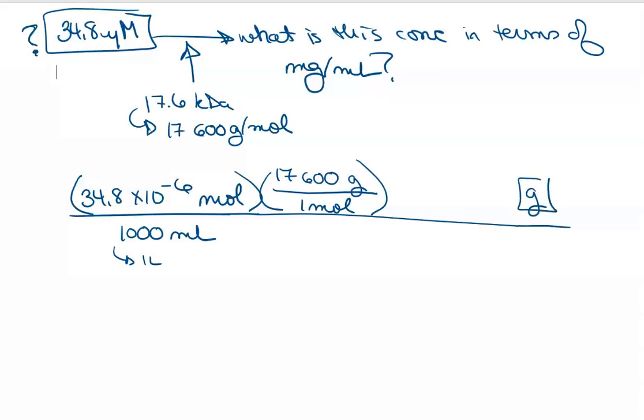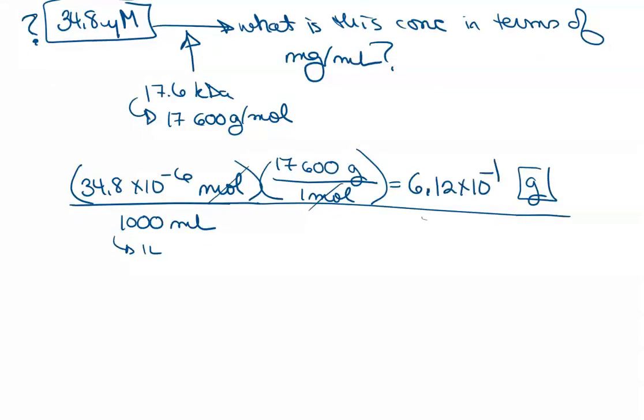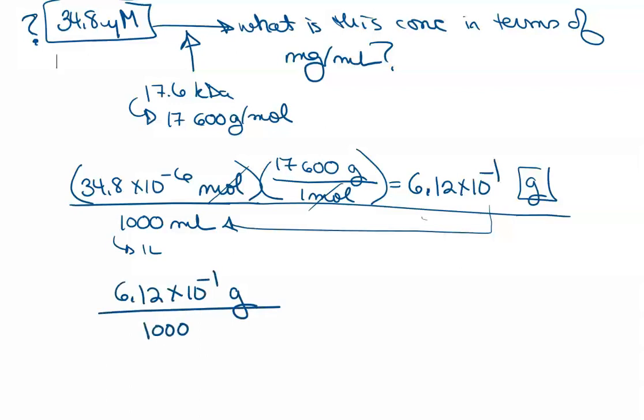When we do that math, we find that we have 6.12 times 10 to the minus 1 grams of material, and again, that is in 1,000 ml. So we have 6.12 times 10 to the minus 1 grams in 1,000 ml. Let's clarify this a little bit. This is 0.612 grams. I wanted to get rid of that exponent.